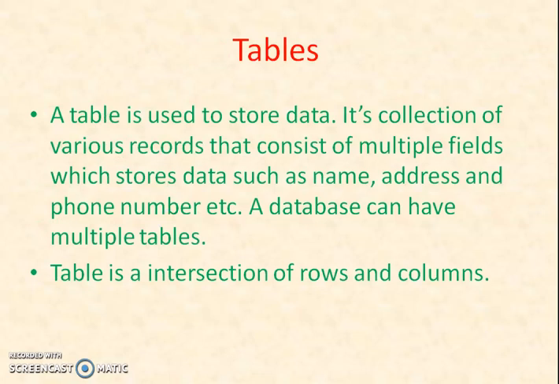It is a collection of various records that consist of multiple fields which store data such as name, address and phone number, etc. A database can have multiple tables. So simply we can say that a table is an intersection of rows and columns.